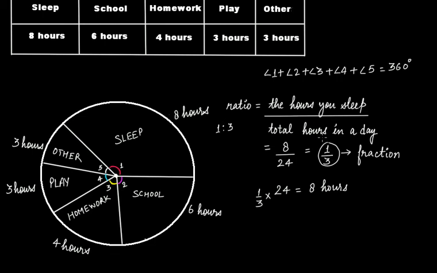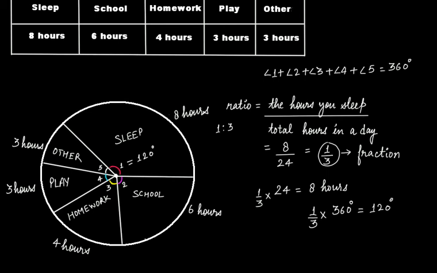If you take a 1/3 fraction of 24 hours, that gives you the hours you sleep. The same thing holds for the angle. If the total is 360 degrees, then 1/3 of 360 degrees will be this angle. So 1/3 of 360 degrees is equal to 120 degrees. So this angle 1 is equal to 120 degrees.